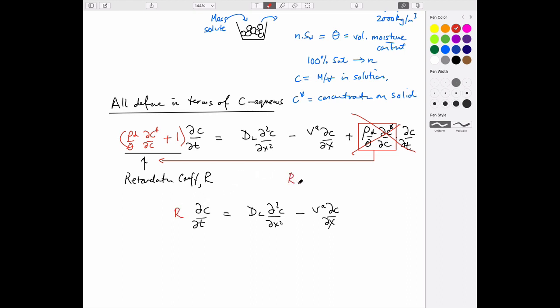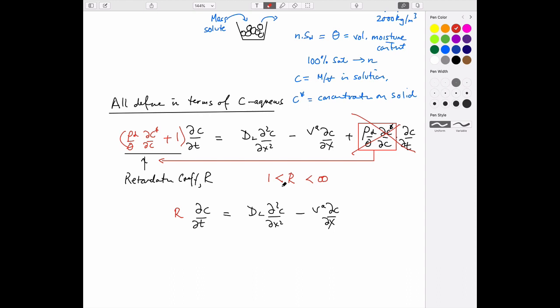And retardation has to be greater than 1, less than infinity, I guess, right? Since there's 1 in here, and it has to be finite, we haven't proved that yet, but retardation has to be between 1 and a big number.